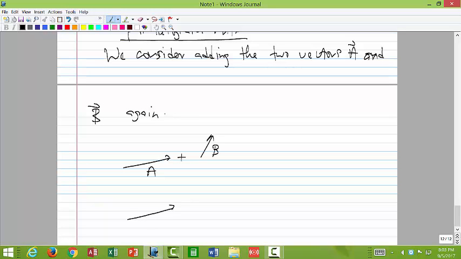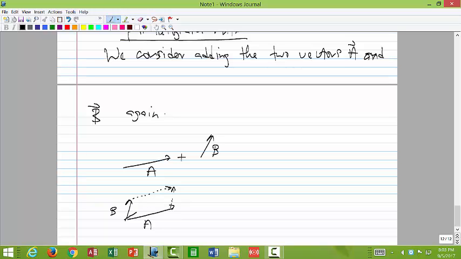Let's say this is B and this is A. To create a parallelogram, I'm going to take the vector B and transpose it to this side, and then take the vector A and transpose it to that side like that, and then I'm going to take the diagonal of the two vectors.